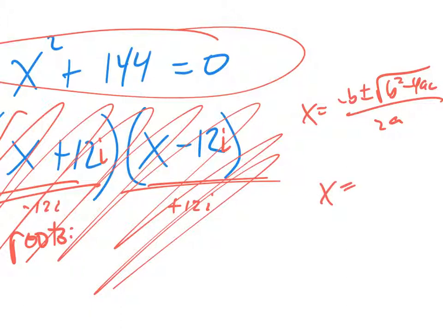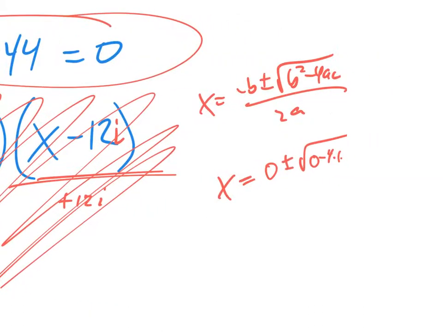And the b being 0 really is nice, because then it's 0 plus and minus the square root of 0 minus 4 times 1 times 144. I know that's a bit icky, but we'll do it in a second here. All over what? 2a, which is 2. Now 4 times 144.